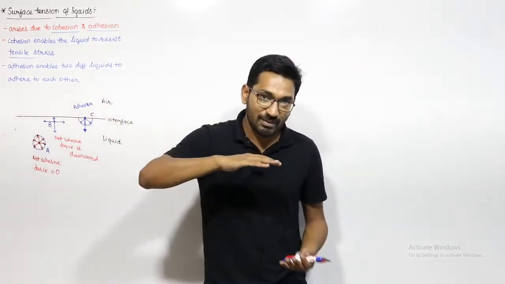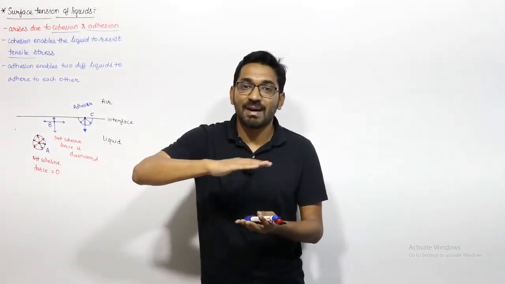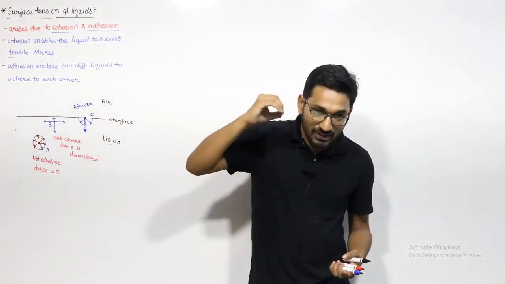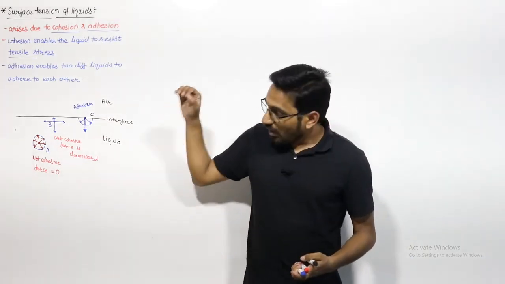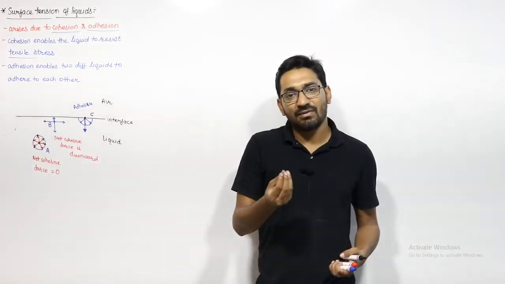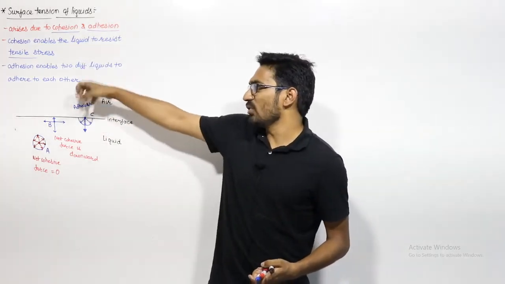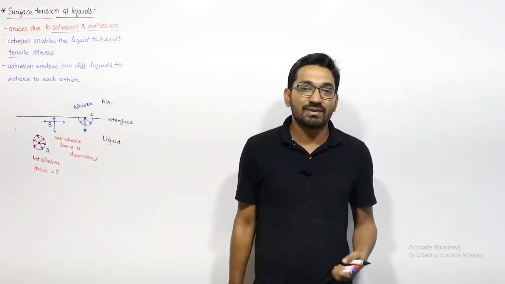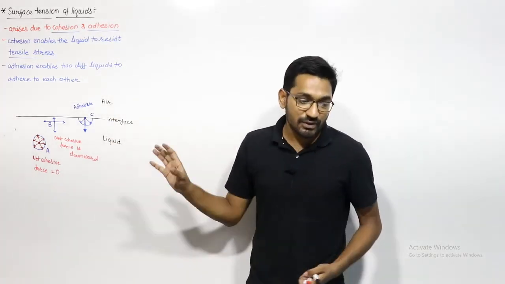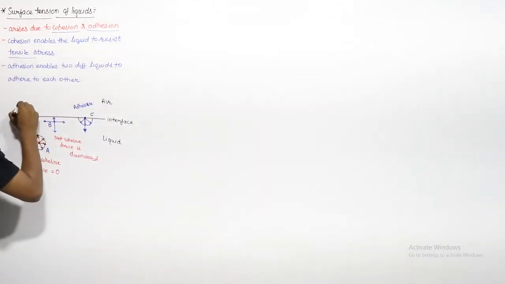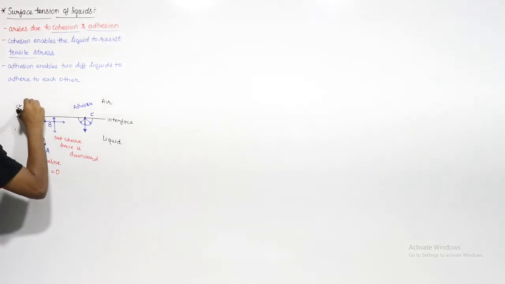This stretched membrane of the surface can resist a small tensile force. If you apply a small tensile force, they can easily resist it, and this phenomenon is known as surface tension. So this interface will be like a stretched membrane.